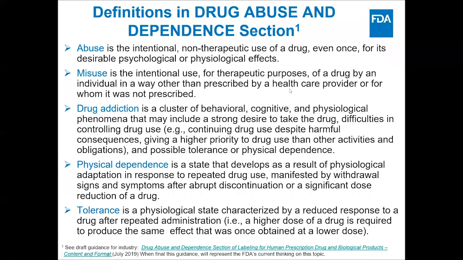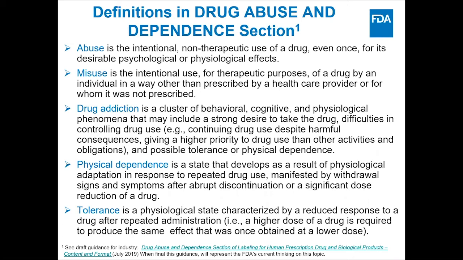Moving on to section 9, the drug abuse and dependence section of labeling. We recognize that certain terms are used interchangeably. And we thought that it was very important to define these terms, what we mean, because drugs could be associated with abuse, but not physical dependence.